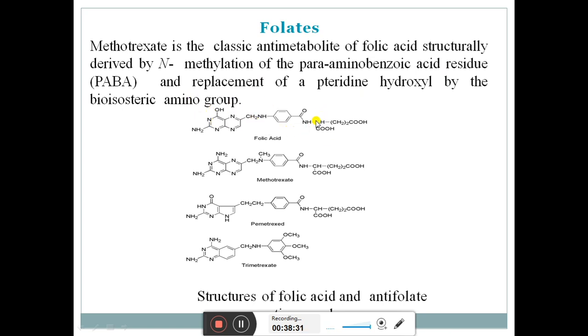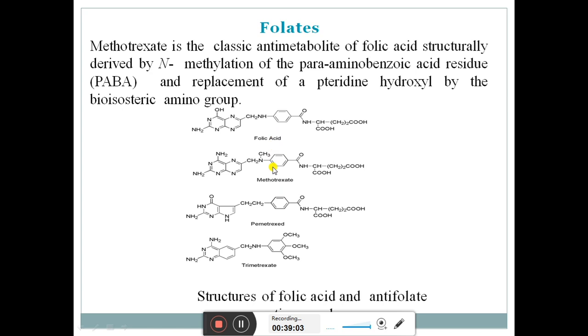This folic acid contains glutamic acid, an amino acid, CH2, CH, COOH, NH2, CH2, CH2, COOH. And this is para-amino benzoic acid, NH2, C6H4, COOH, and this is your pyridine structure. So this is the structure of folic acid, and this is the structure of methotrexate.